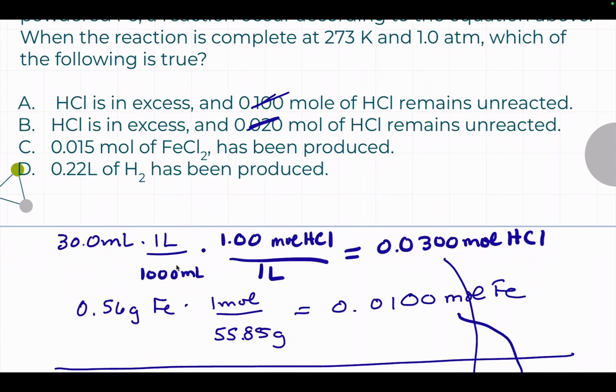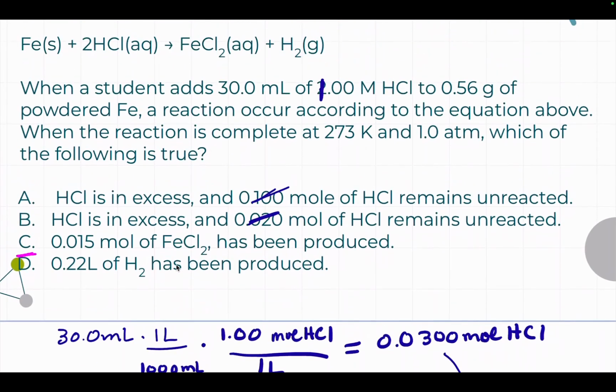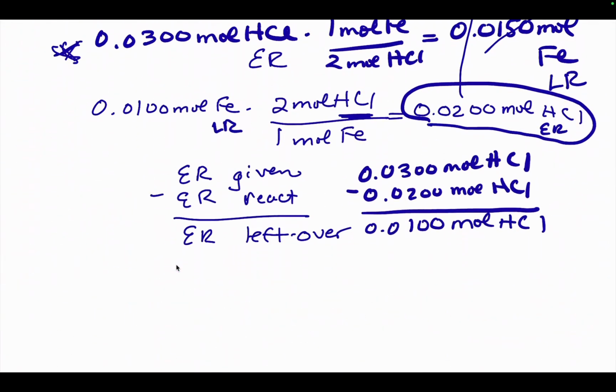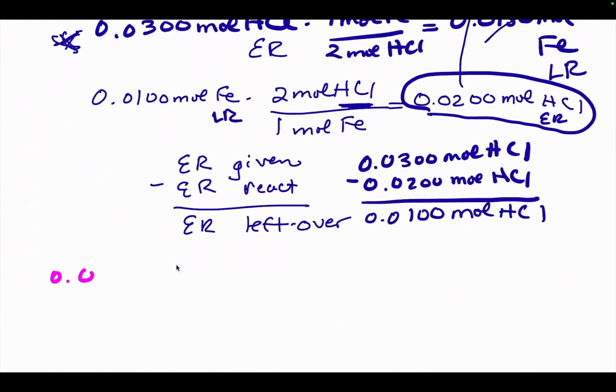We do know our limiting reactant, so let's do C and figure out how much of the iron 2 chloride we're going to have. We're going to only go to moles, so I'm going to take my moles of my limiting and calculate the moles of the iron 2 chloride that will be produced.